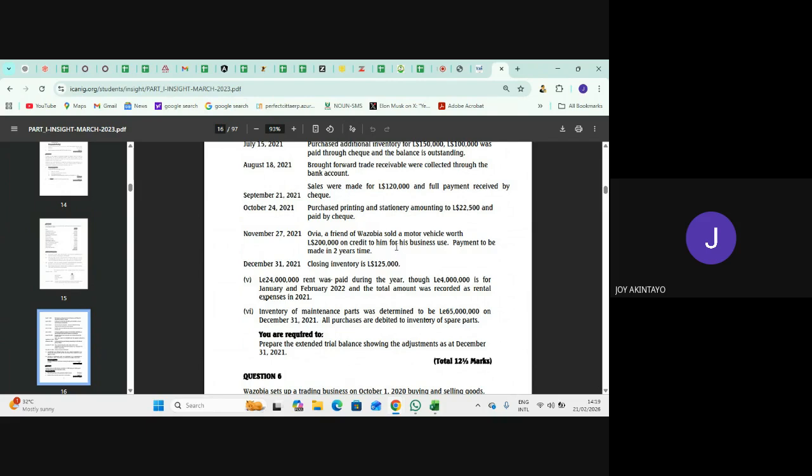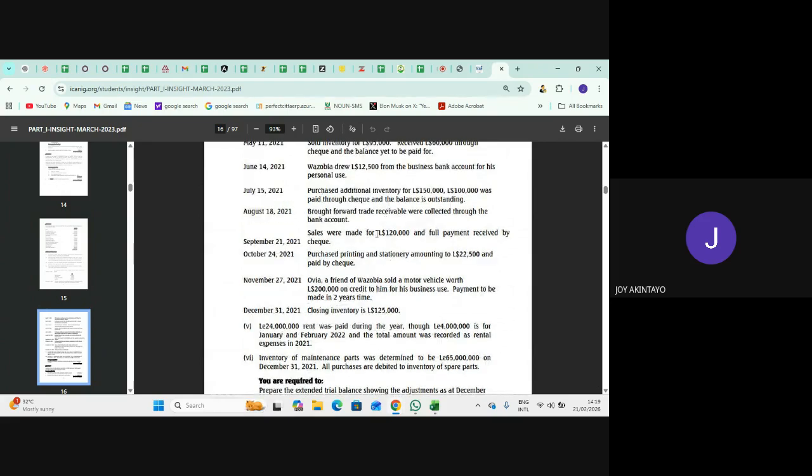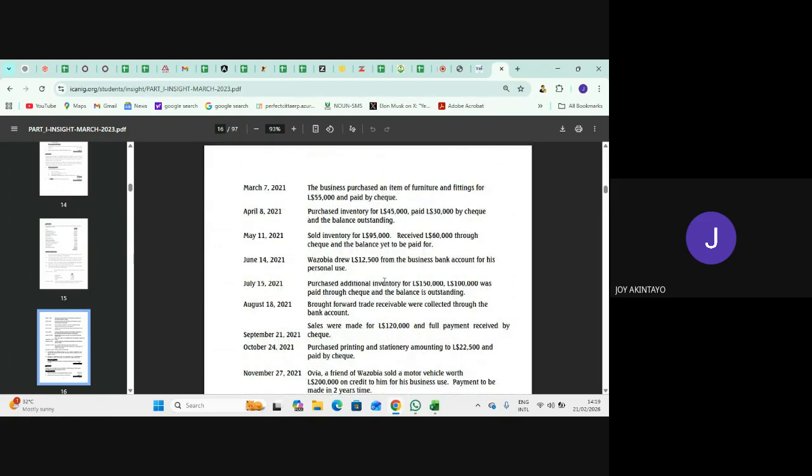Apart from this, I think most of the brought forward trade receivables were collected through the bank. Sales were made and full payment was made by cheque. I think all the transactions we have here are actually based on bank.